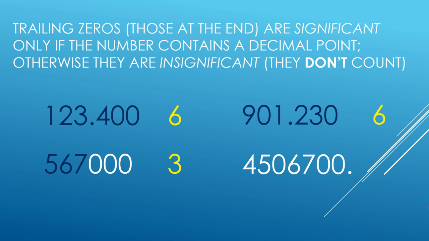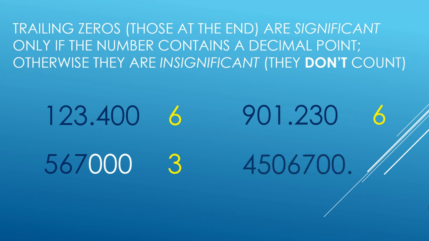So that just indicates that those two zeros have been measured, and so they are therefore significant. They're not just placeholders. So the 0 between the 5 and the 6 is between two non-zero numbers. That's significant. The two trailing zeros are in a number with a decimal. They are also significant. So we have 7 significant figures in that number.